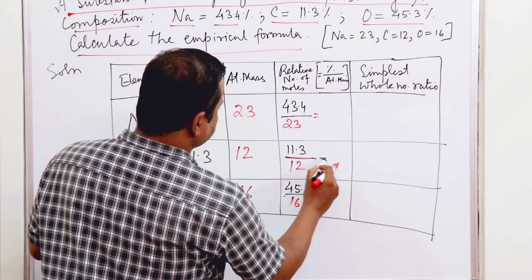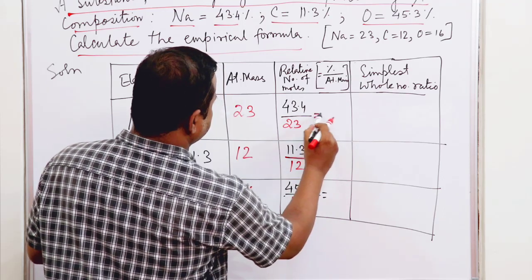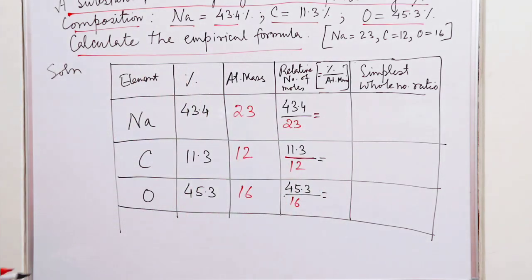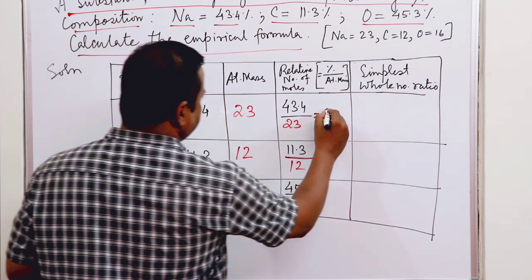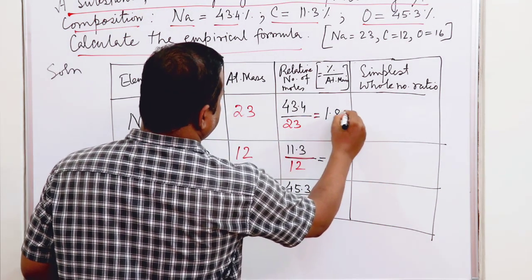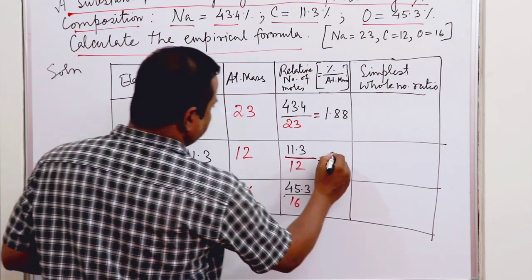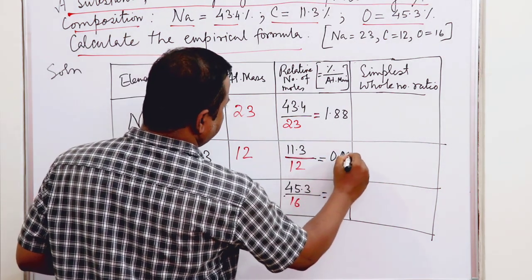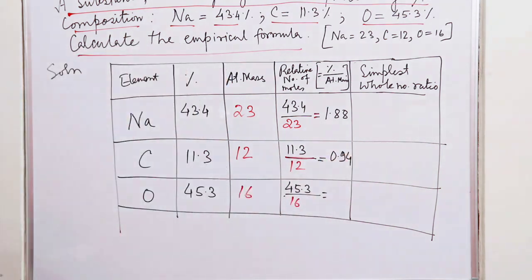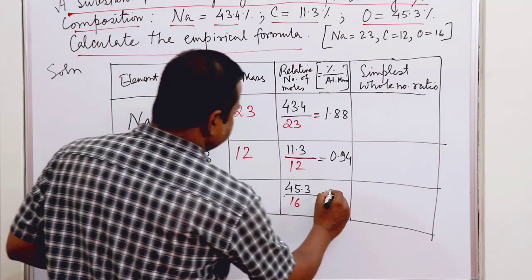So what's the answer? When you divide 43.4 by 23, we get 1.88. When we divide 11.3 by 12, we get 0.94. You can check yourself. And when we divide 45.3 by 16, we get 2.83.